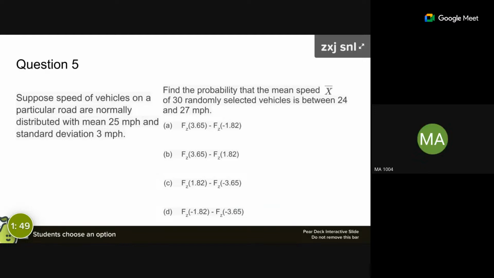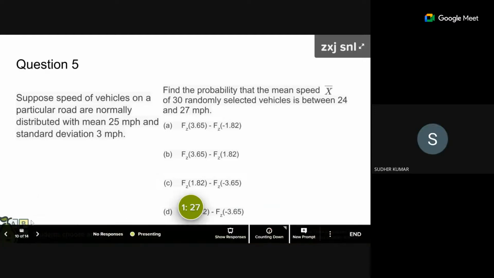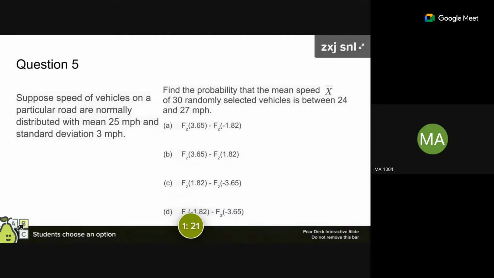And what is this 24 to 27? That is the range of x bar, right? So we are required to calculate the probability that x bar is lying between 24 and 27. Then any hint there? Sigma is 3. Do we need that?